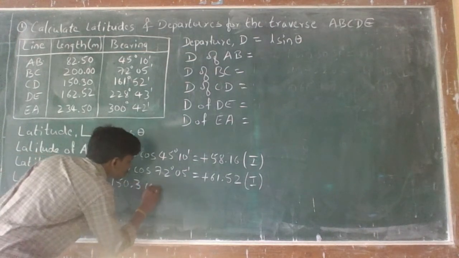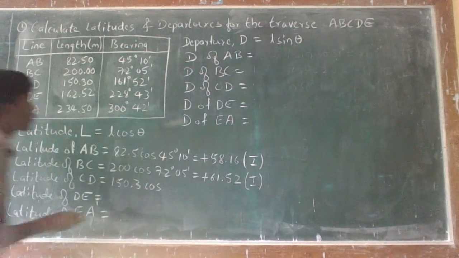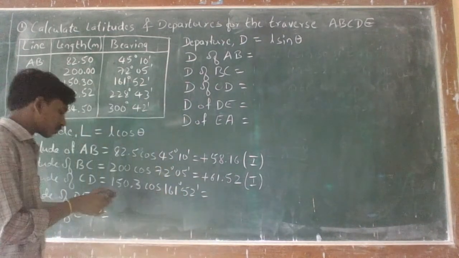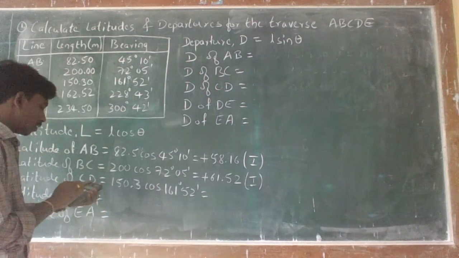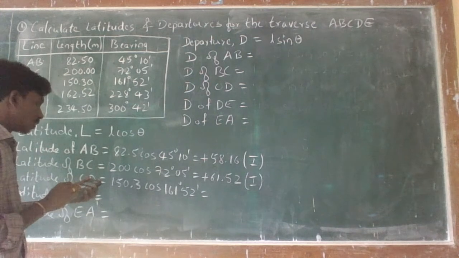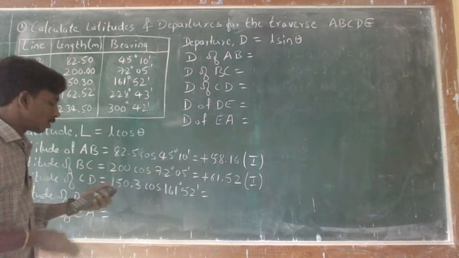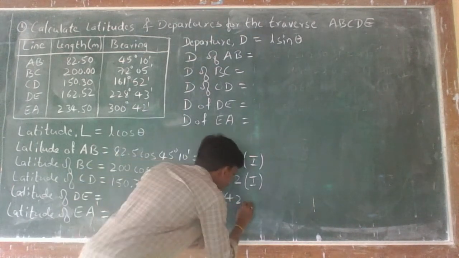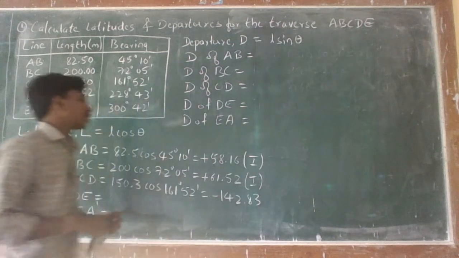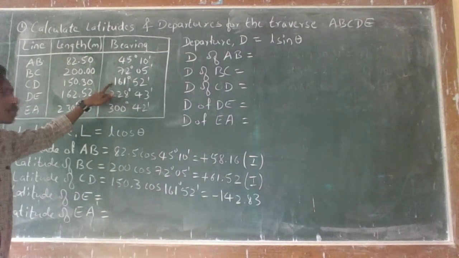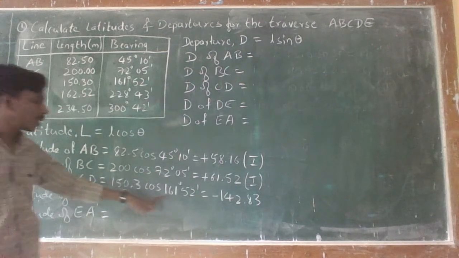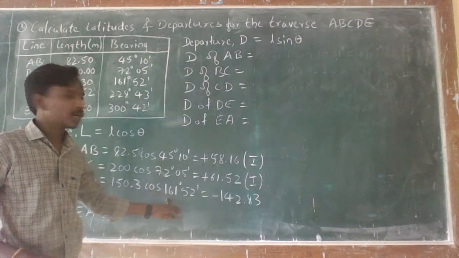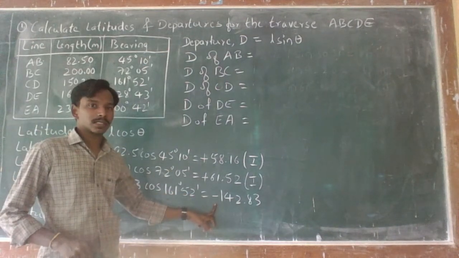150.3 cos. The bearing of CD is 161 degrees 52 minutes. Now calculate 150.3 cos 161 degrees 52 minutes. So this will give you the value minus 142.83. Here, as the bearings are given in whole circle bearing, when you substitute 161 degrees 52 minutes in the calculator, you will get the sign minus.